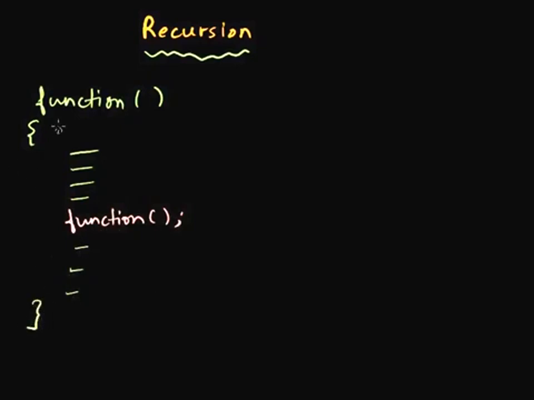Now what happens is when the control executes this function, it goes on executing the statements and it encounters a function call, and this function call is from the same function. The function is calling itself. So the control jumps from here to here. Again it executes the same function.